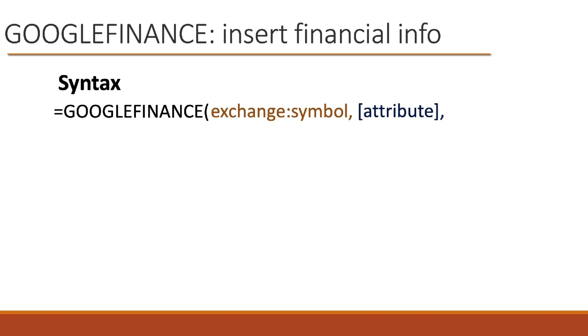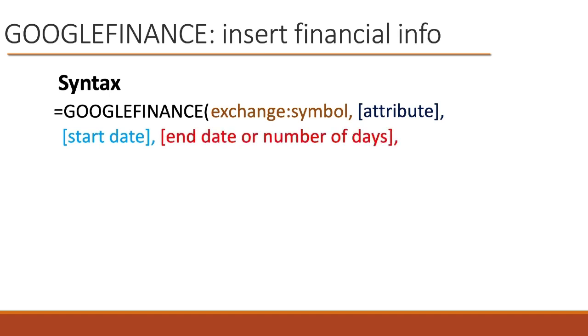So the second argument is the attribute. There's a whole bunch of attributes we can use, and I'm going to show you what some common ones are in a moment, comma. Then if you want a particular date, you can put that in. If you don't put in a date, it will show you the information for the current day or the most recent day if you do it on a weekend.